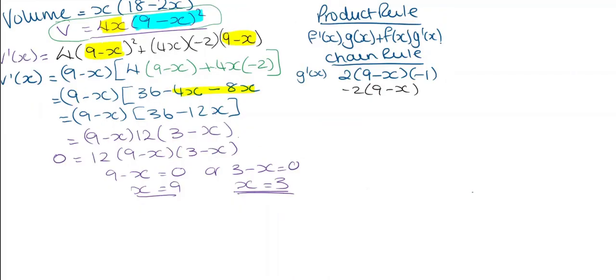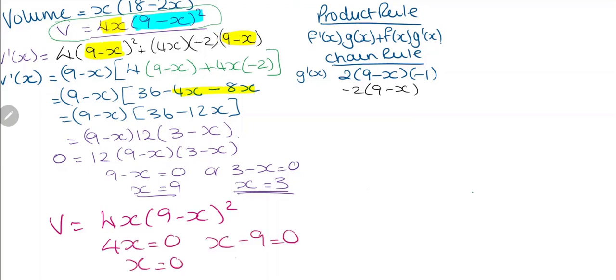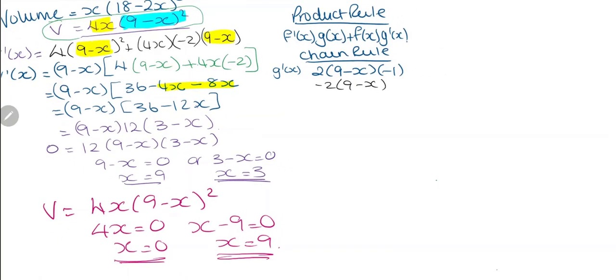Okay, so I'm going to look at our equation for volume. So we said 4x, 9 minus x squared. If I take one of those equations, 4x equals 0, so x is 0, up to 9. So this is our domain. We're expecting our values to be between 0 and 9.